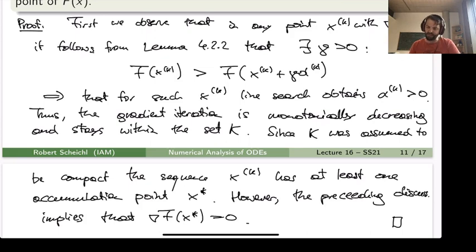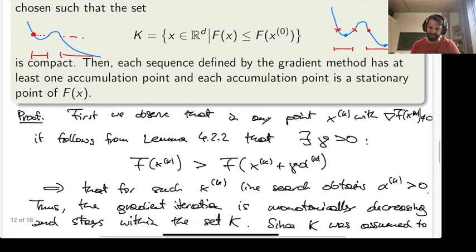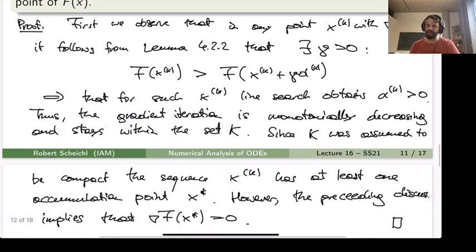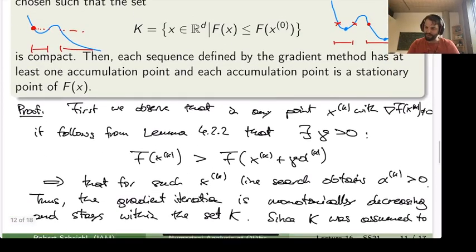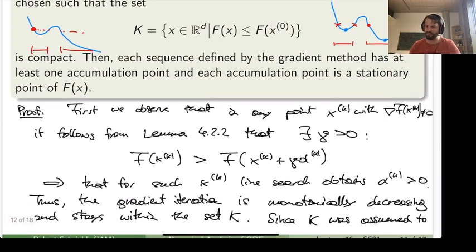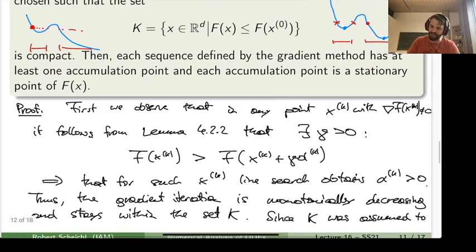And you see already immediately how you can extend this proof to non-compact sets, because if we assume that x naught is not on any of those cusps where the gradient of f of course is 0, then we can just restrict that when the gradient iteration is monotonically decreasing, it has to stay within a subset of K which is compact. So if you're in this side of the bowl, it will stay in this side of the bowl.